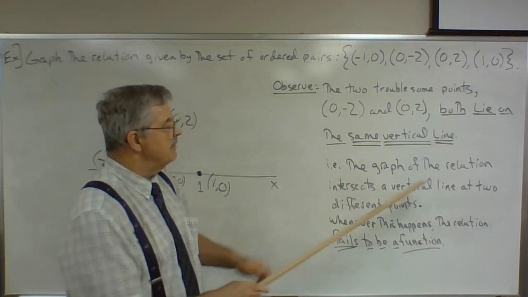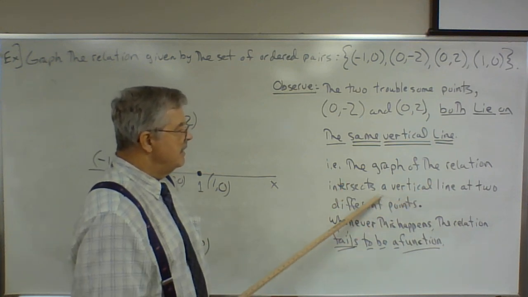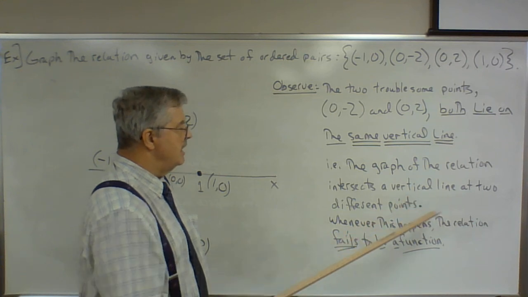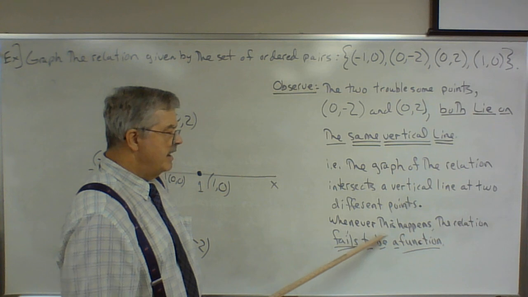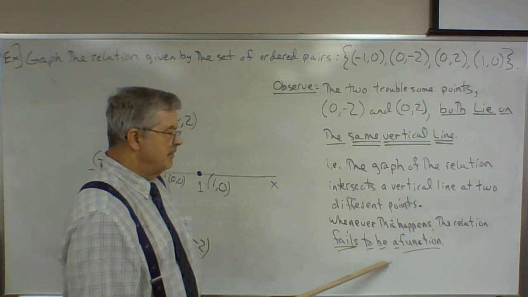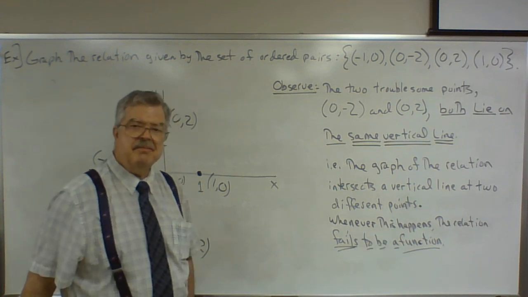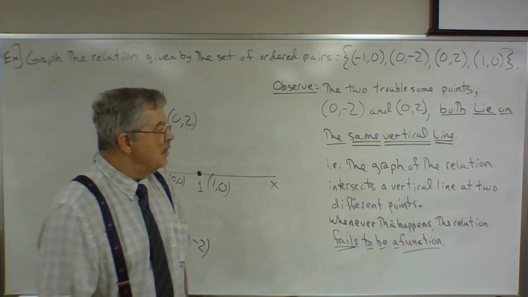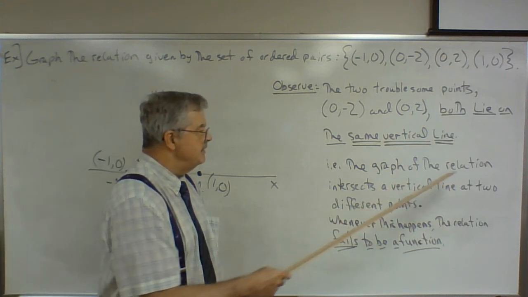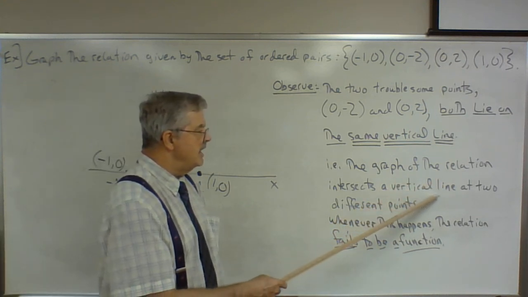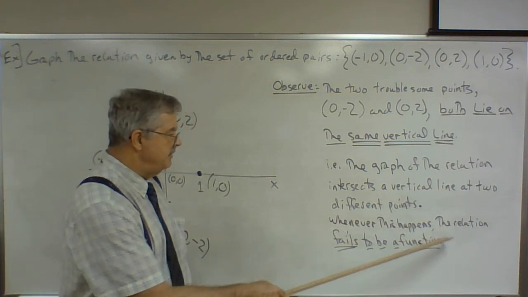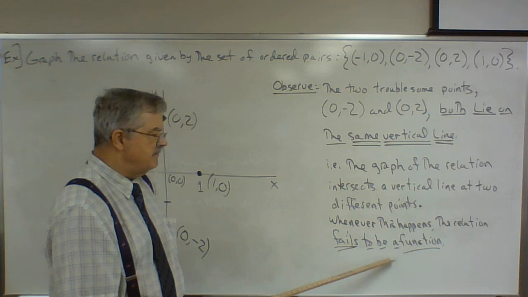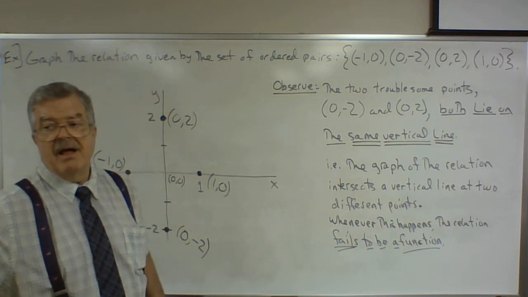The graph of this relation intersects a vertical line at 2 different points. Whenever this happens, the relation fails to be a function.